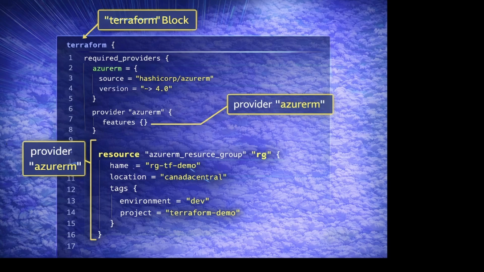AzureRM is the Azure provider. hashicorp/azurerm means it comes from HashiCorp's official registry. So this block prepares Terraform to work with Azure safely and predictably.